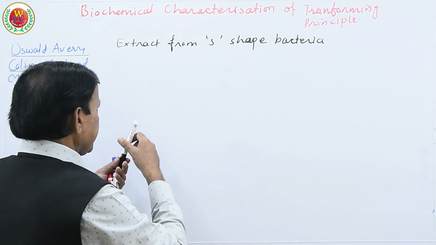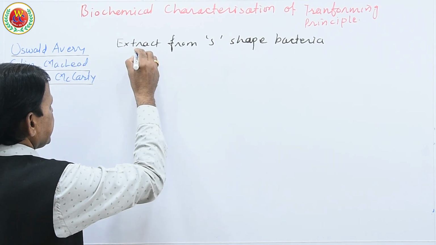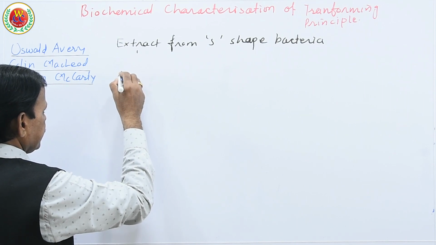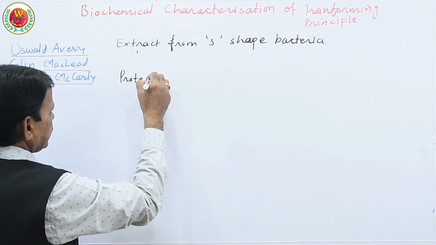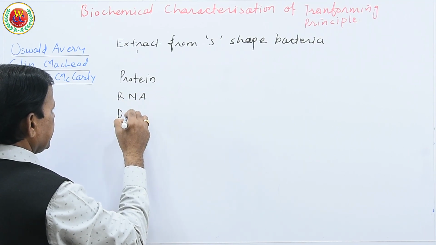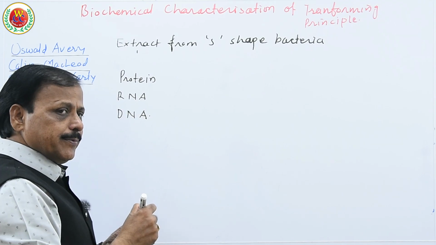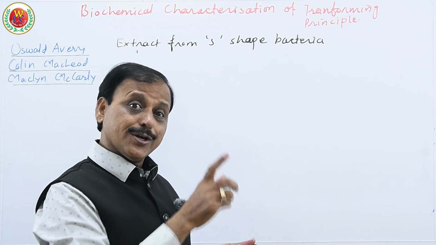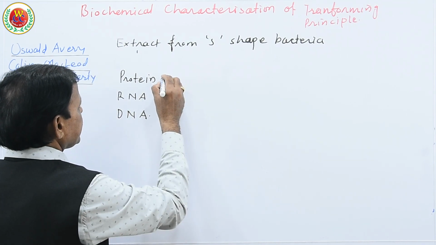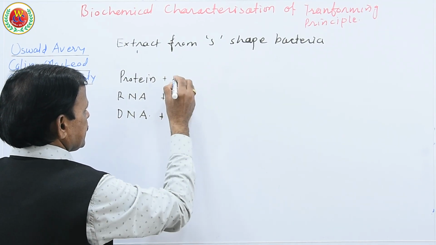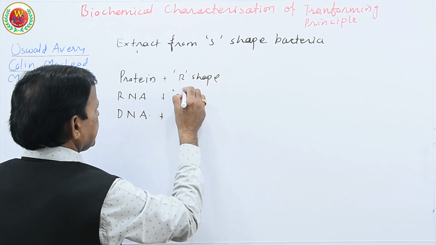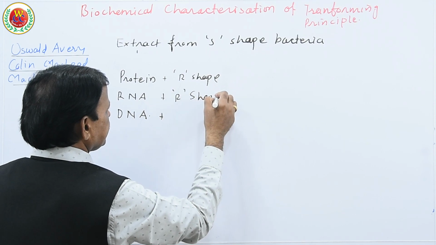So they made extracts from S-shaped bacteria: one was protein, then RNA and DNA. One by one they injected these into mice along with R-shaped bacteria.